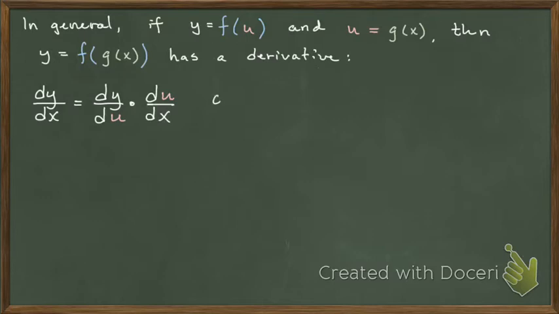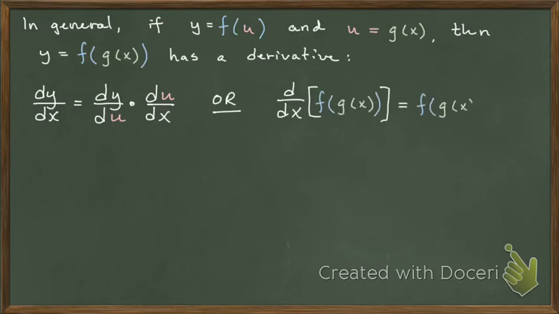Or with f's and g's, we write this as the derivative of f of g of x is f prime of g of x times the derivative of the inside, g prime of x. So there's both what we call Leibniz notation, with the dy du and du dx, and also the prime notation, f prime of g of x times g prime of x. A lot of people tend to like that second notation more. It helps them get a better idea of what's going on.